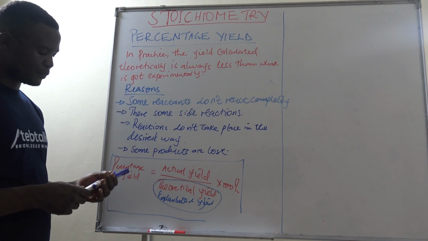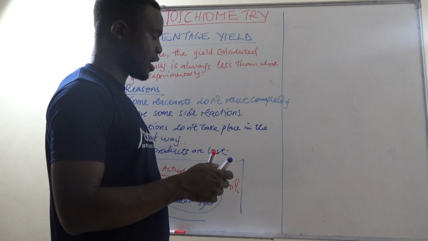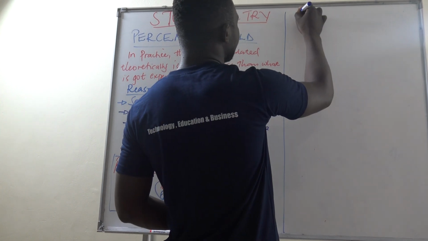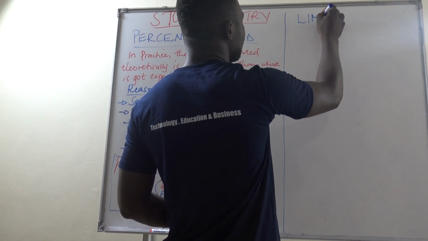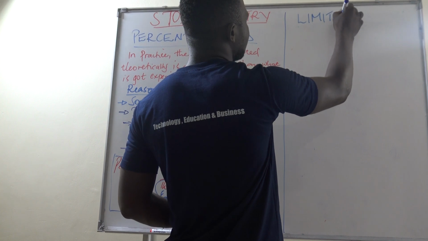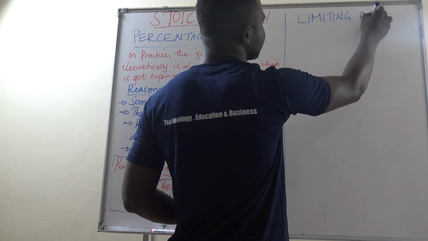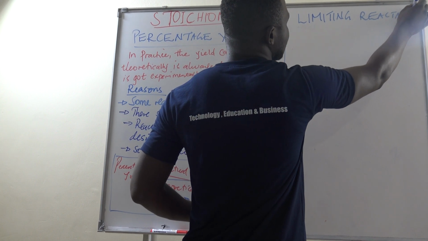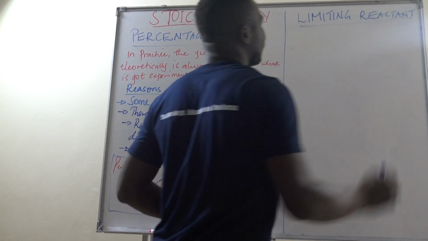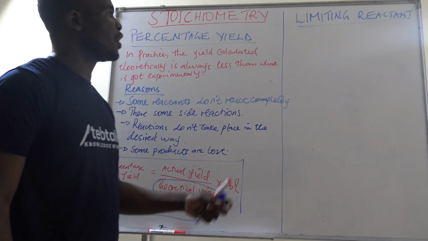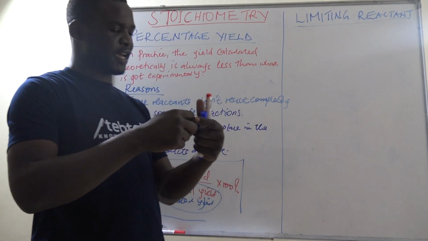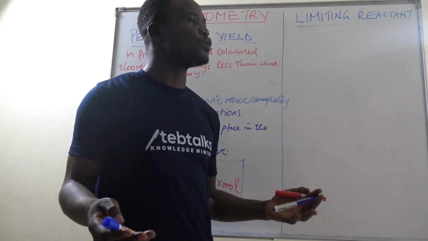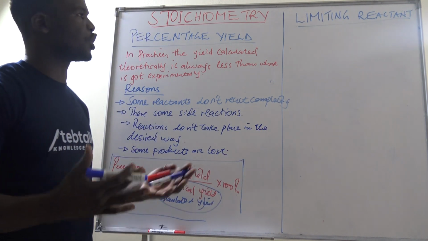reaction. Now, we're going to look at another interesting thing under percentage yield, and here we are going to look at what we call a limiting reactant. So now the question is, what is a limiting reactant? A limiting reactant is a reactant that is completely consumed when a reaction is taking place.